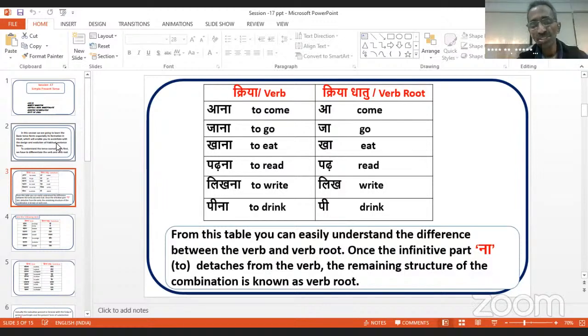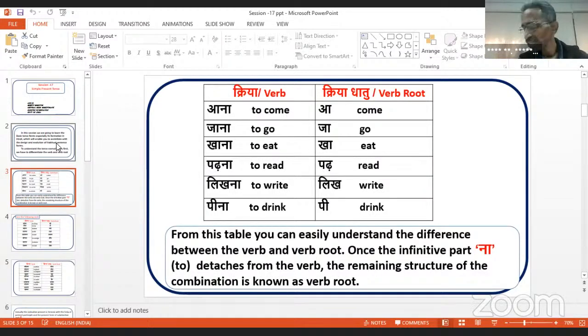Tense gives us a view of whether the period of action is happening in present, past, or future, whatever it may be. So here today we will have the simple present tense form, and for that formation, we will see the verb and verb roots.